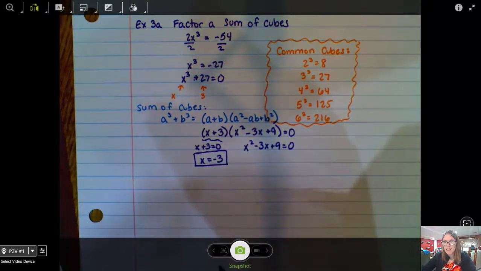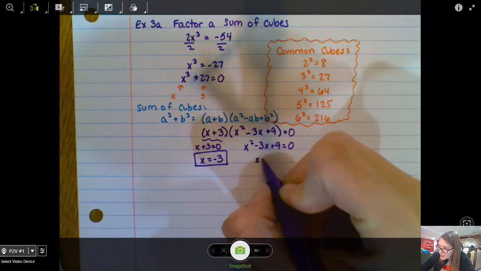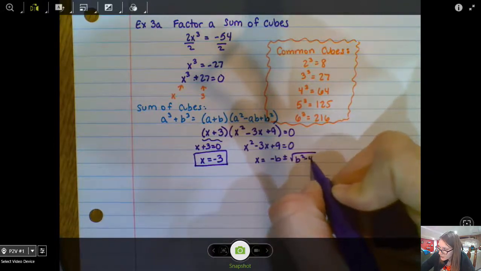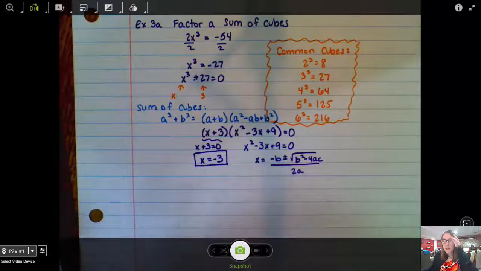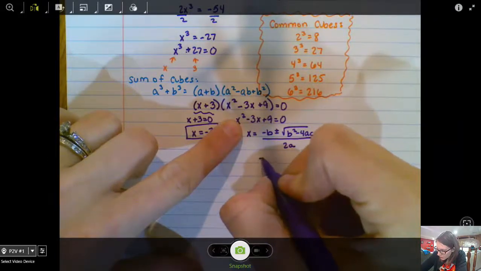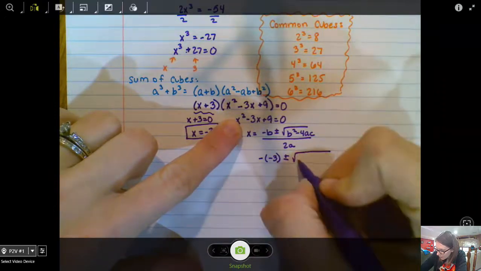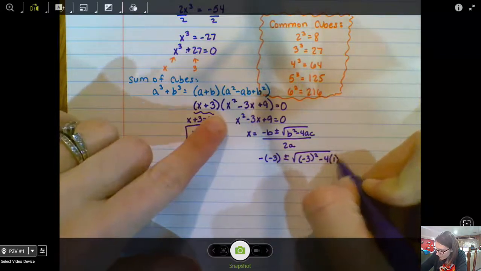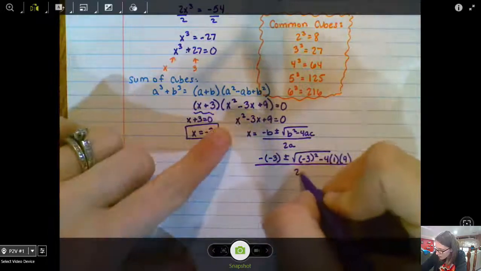So my best bet is to use the quadratic formula. Quadratic formula, remember, is negative b plus or minus the square root of b squared minus 4ac, all over 2a. Let's substitute everything in that we can. b here is negative 3. So negative b plus or minus the square root of b squared minus 4 times a times c, all over 2a.